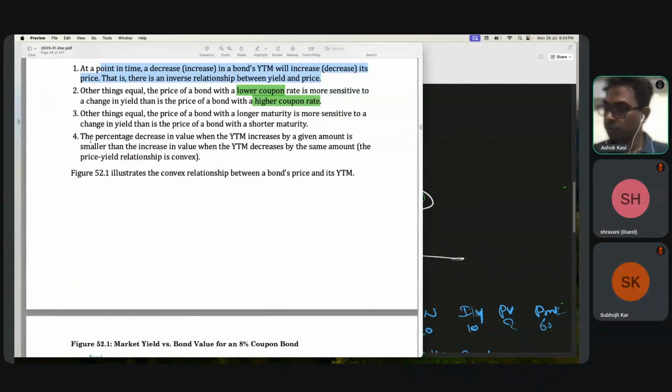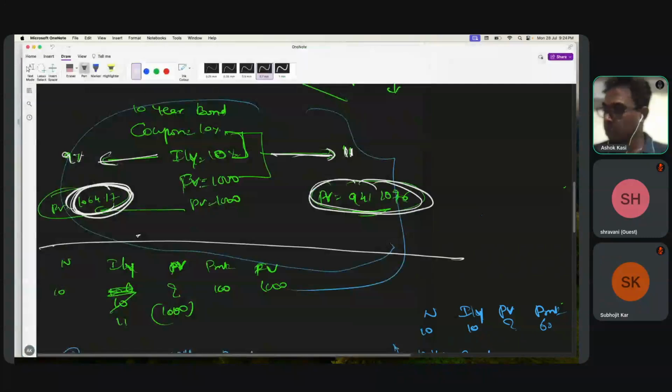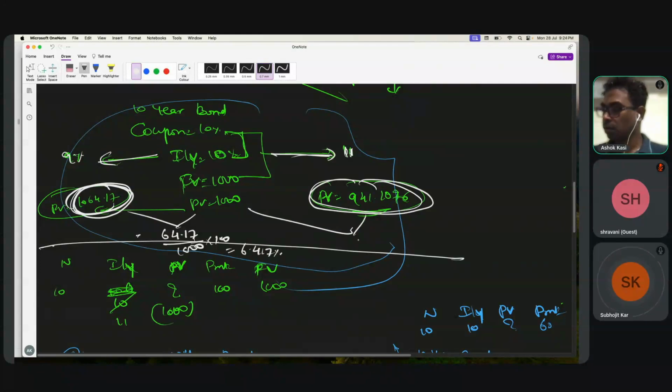Now, fourth point is just connected to the first point. Here it is extending to the percentage. Now the percentage we have to see, like here, 64.17 based on 1000 into 100, that is equal to 6.417 percentage. And here, how much is the difference? Take the difference. It was 58 point something.